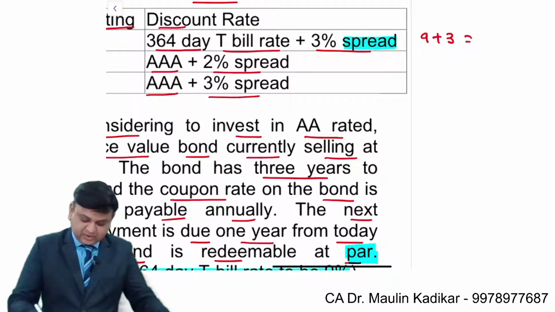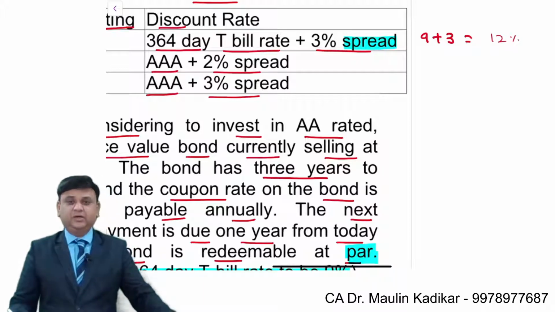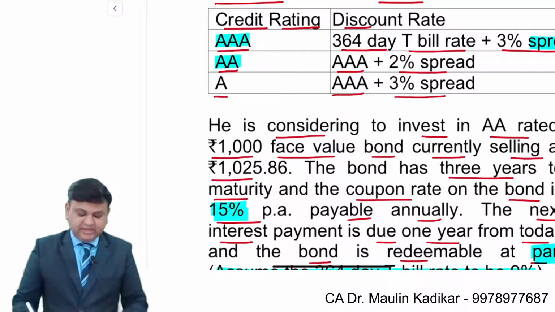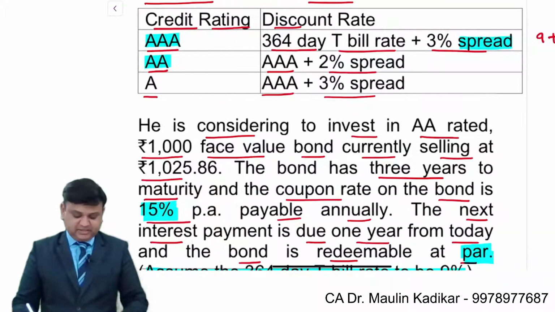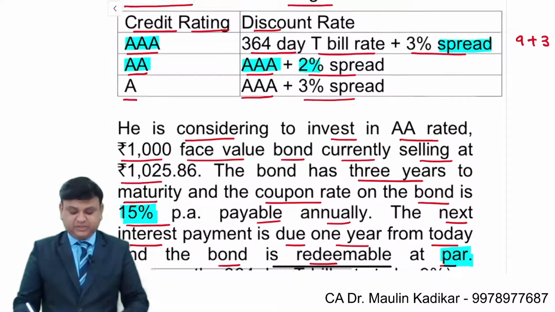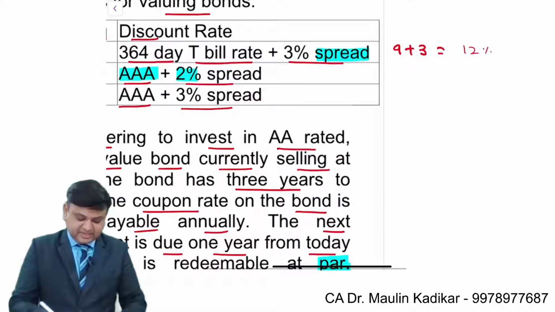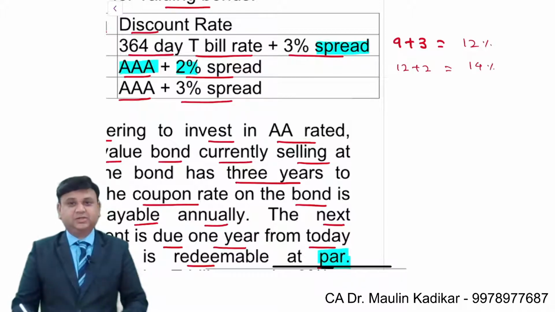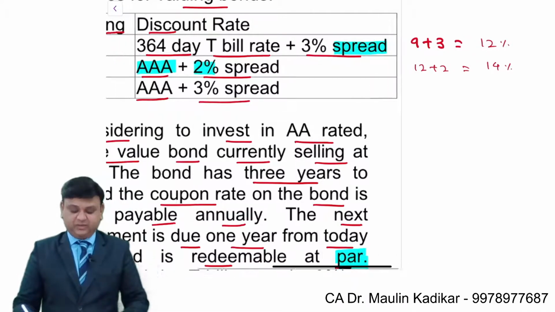So it has been given to us indirectly that 12% is the required rate of return from AAA rated security. From AA rated security, the required rate of return is the required rate of return of AAA plus 2%. So it is 12 plus 2. That comes to 14%. That is the way we have the required rate of return.